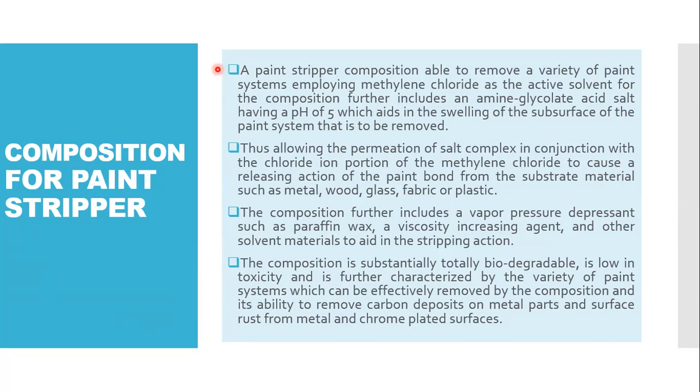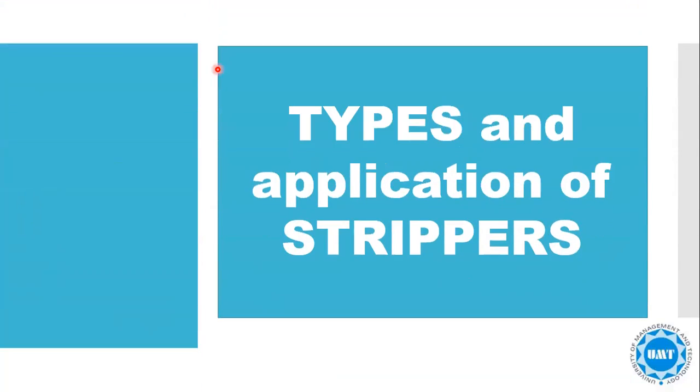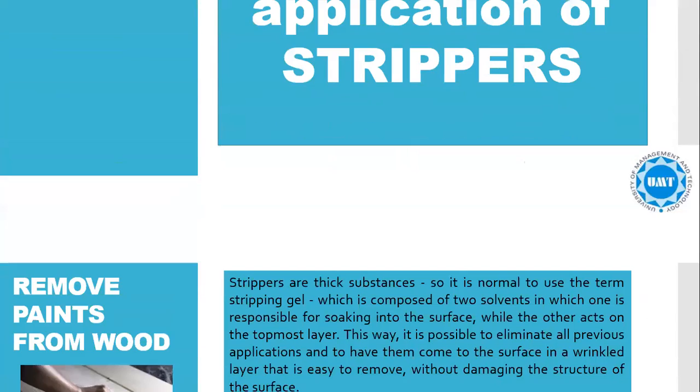It further includes amine glycolic acid having a pH of 5, which aids the swelling of the subsurface of the paint system that is to be removed, thus allowing the permeation of the salt complex in conjunction with the chloride ion promotion of the methylene chloride to cause a releasing action of the paint bond from the substrate material such as metal, wood, glass, etc. The composition is substantially totally biodegradable, is low in toxicity, and is further characterized by its versatility across paint systems. What are the types and applications of the strippers?